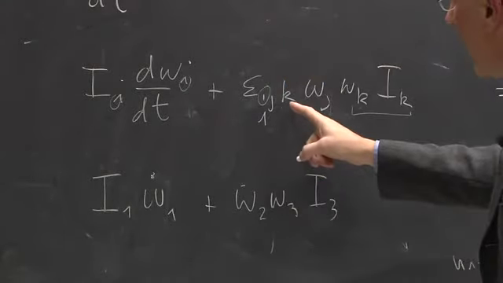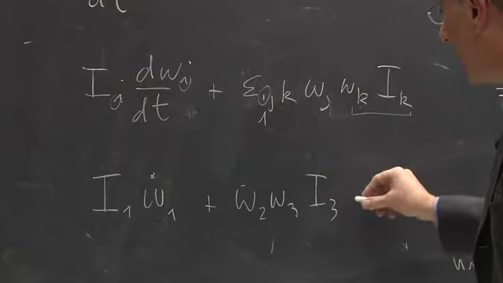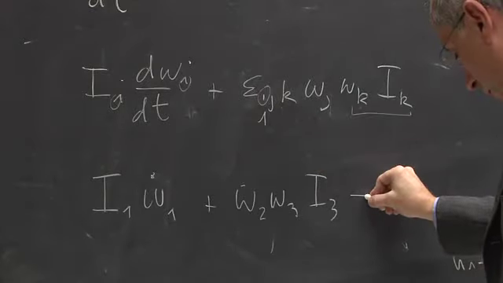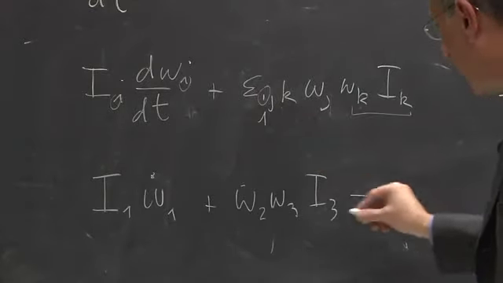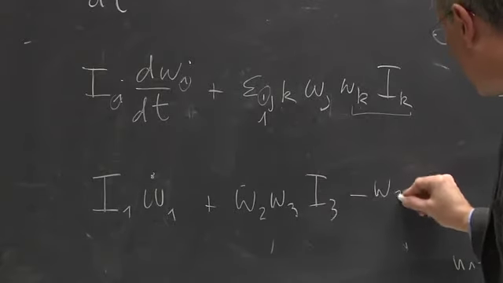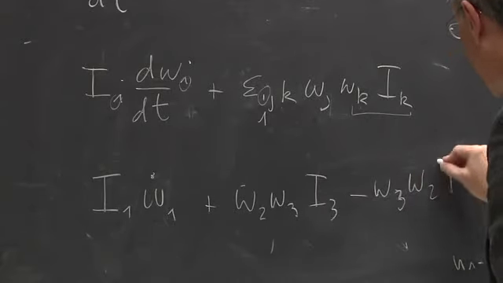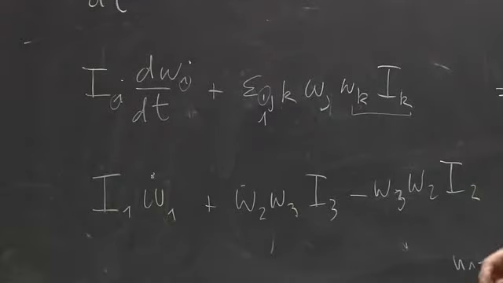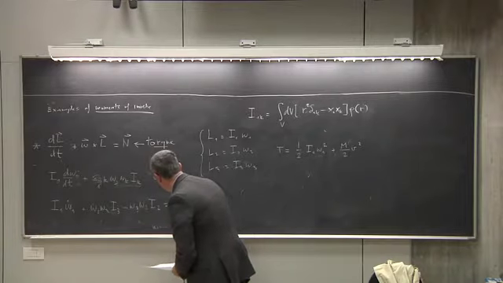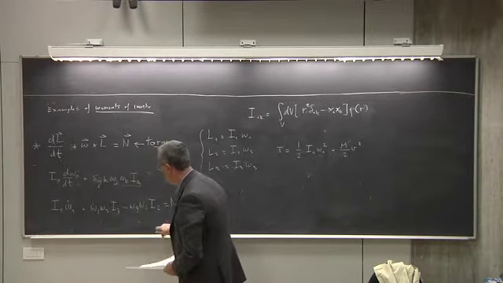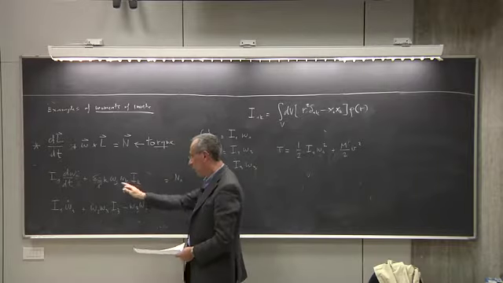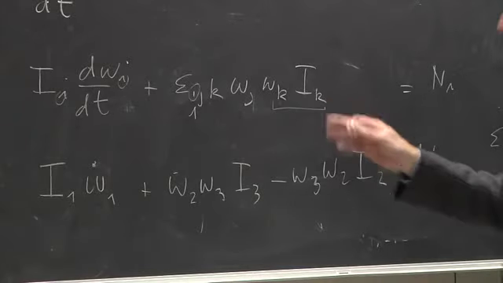Then I also have the 3, 2, minus the 2, 3. So minus omega 3, omega 2, I2. And this is equal to N1. Okay? Do you understand how you read this? So you don't sum, you keep the component.